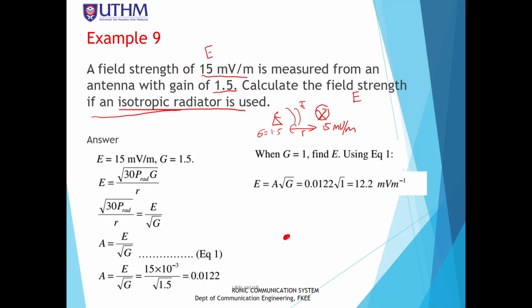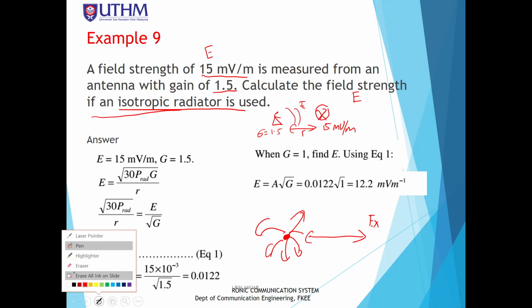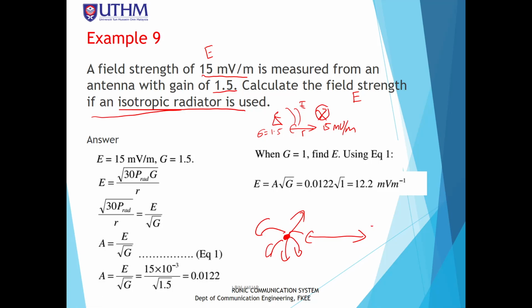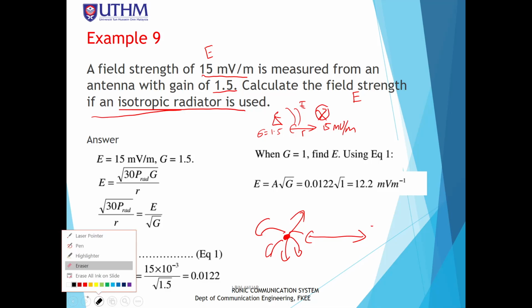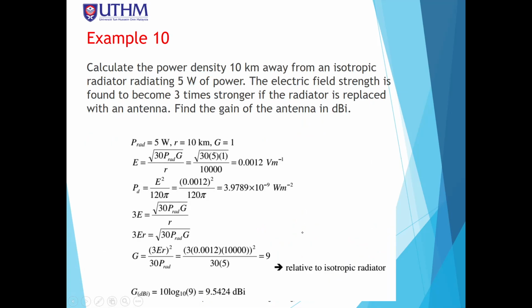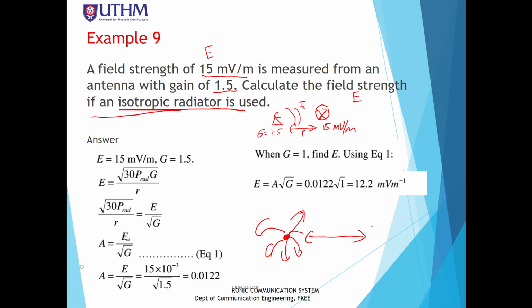If we want to use an isotropic antenna, how much is the E field that we can achieve?